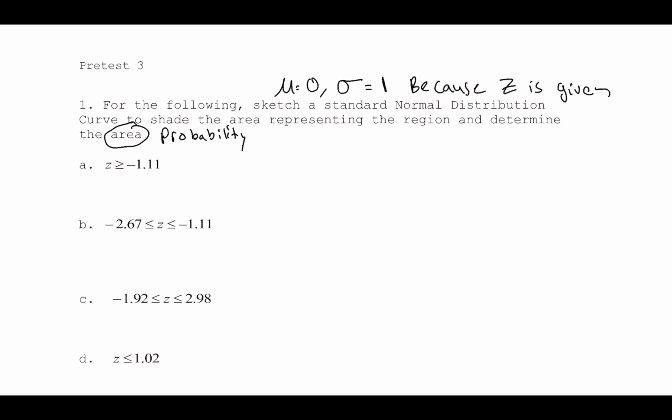So let's go ahead and do this one. It says z is greater than or equal to negative 1.11. So if we draw this out, the mean should be in the middle. So the mean is 0, and we have negative 1.11.